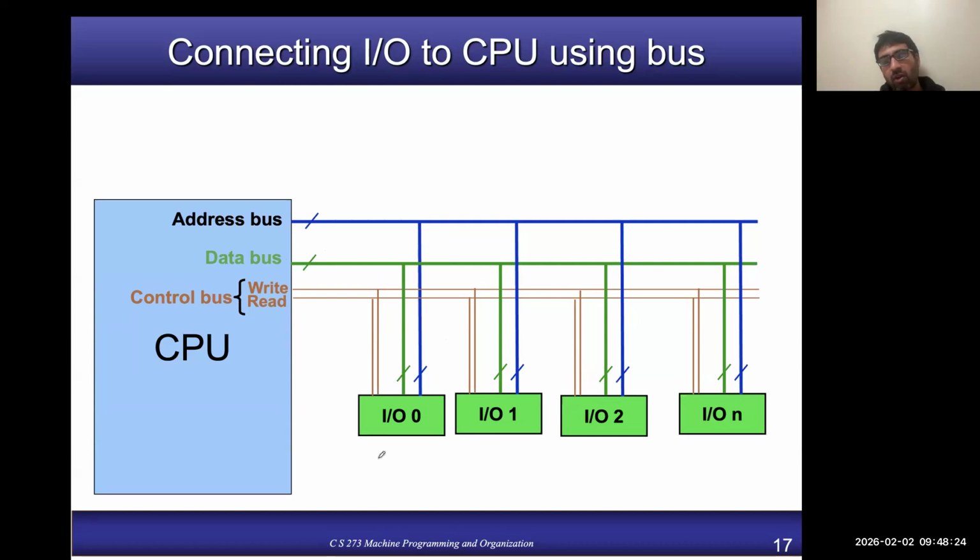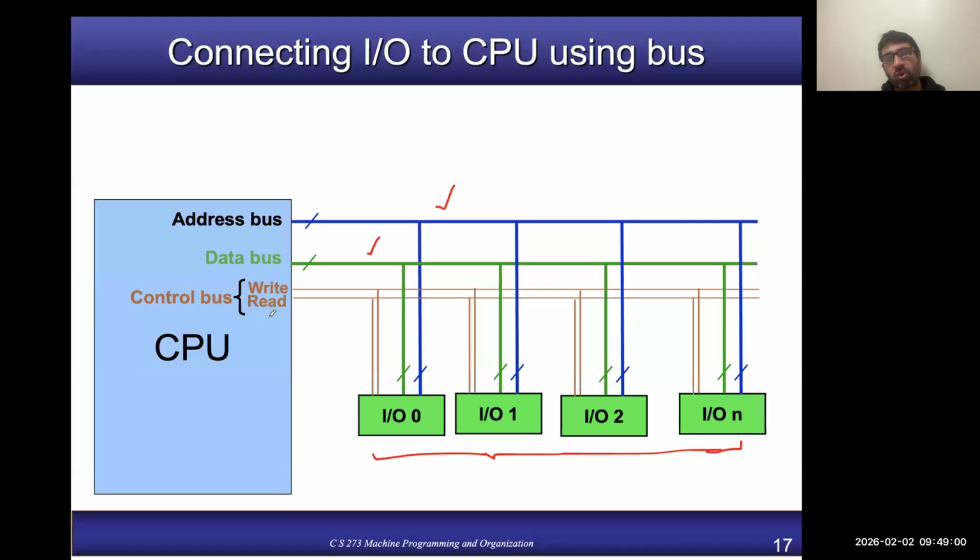Let's say we have different input output devices numbered from IO0, IO1 up to ION. All of them are connected with the same address bus shown in blue and the same data bus shown in green here, right? The CPU can read data from an I/O device, for example a keyboard. It can also write data to an I/O device, for example displaying your data on the monitor or on your screen, right?